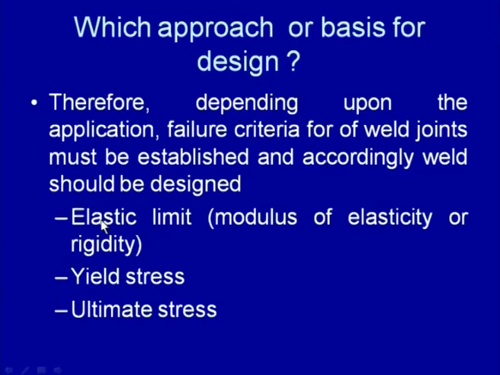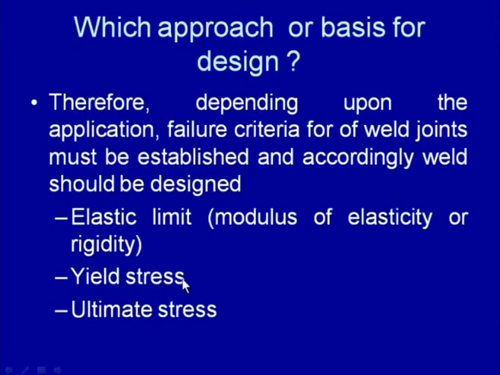So, depending upon the conditions or the way by which the failure of the weld joint can take place, we need to see whether elastic deformation beyond the limit is the criteria. For this purpose, modulus of elasticity or rigidity is used as a design criteria, or if plastic deformation within limits is acceptable, then the yield stress is used.